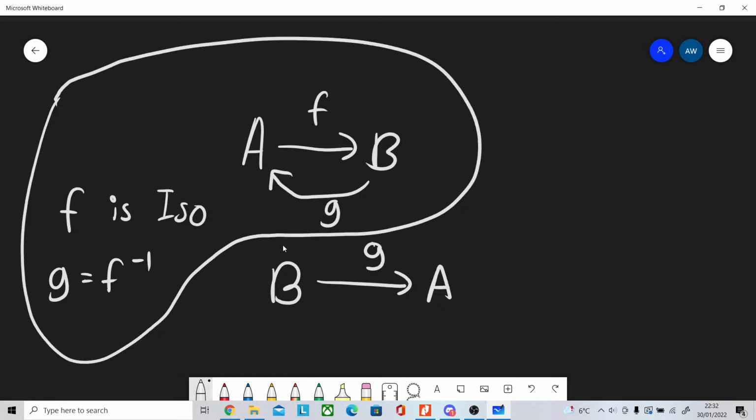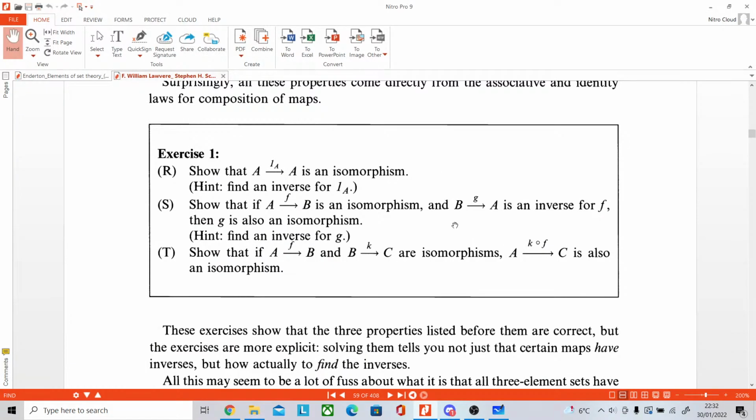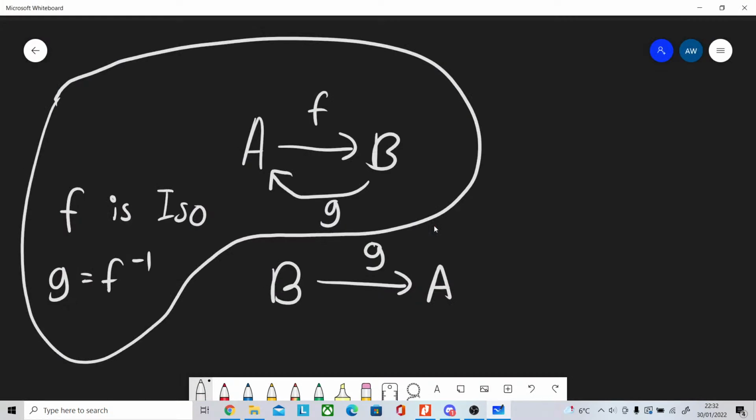Okay. So for example, and this is our workspace. So for example, this I just got from here, right? I just used one part of the diagram. I represented one part of the diagram. So how do we show that something is an isomorphism?